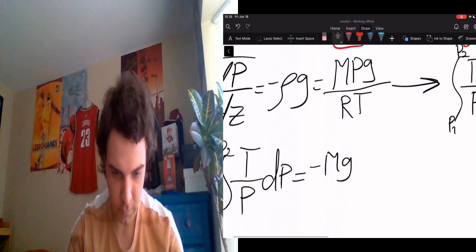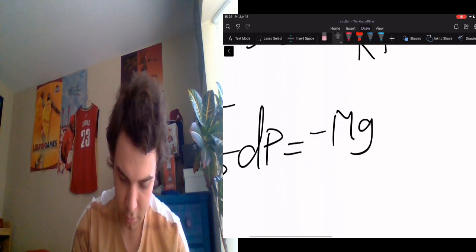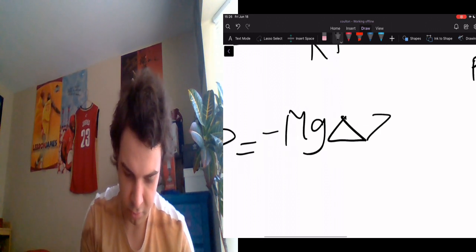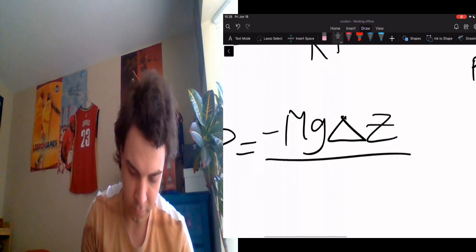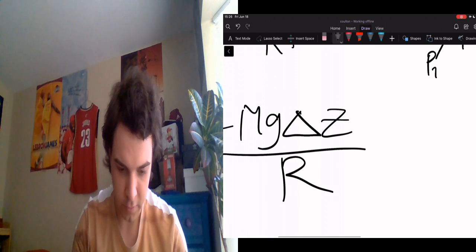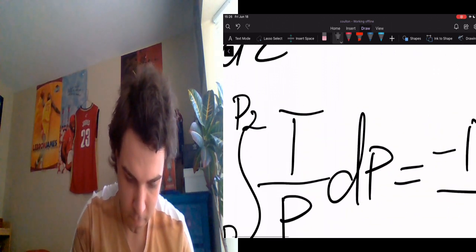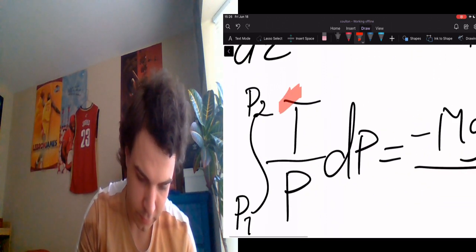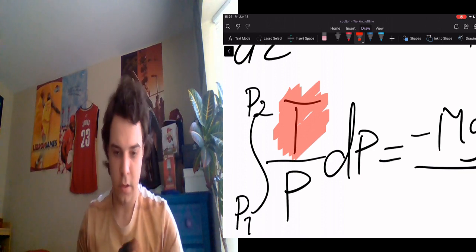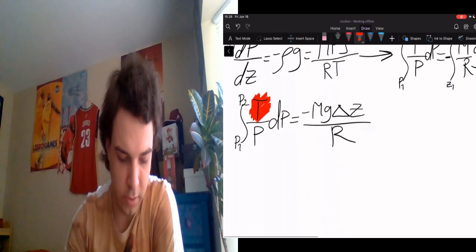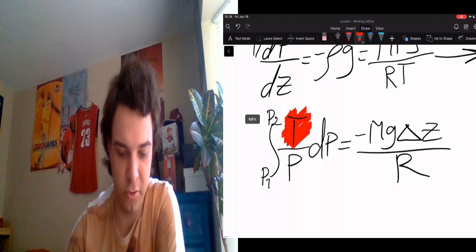Obviously, negative mg change in z times change in z over constant, and we want to find this T. To find this, we're going to want to isolate this T for the temperature equation.